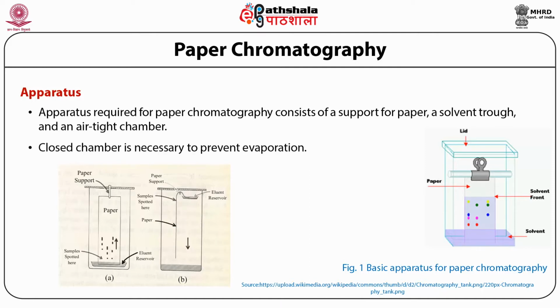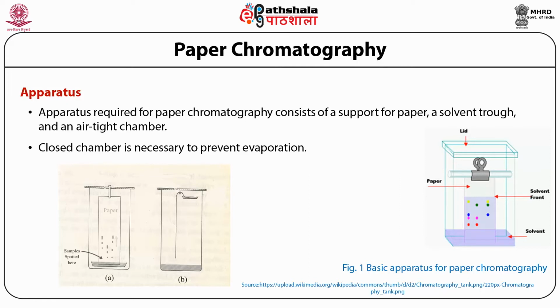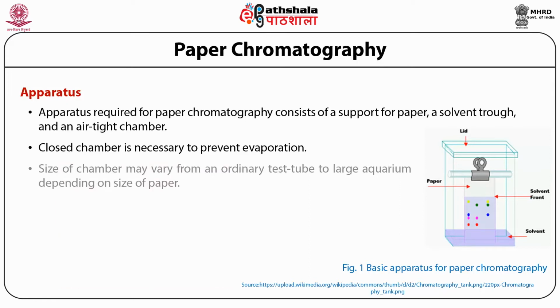The closed chamber is necessary to prevent the evaporation of the volatile solvent from the large exposed area of the paper. The size of the chamber may vary from an ordinary test tube to a large aquarium depending on the size of the paper. If a great deal of paper chromatography is to be done, it may be simpler to control the temperature of the entire room, say to 18 degrees centigrade or so.